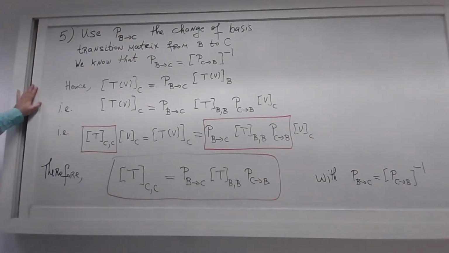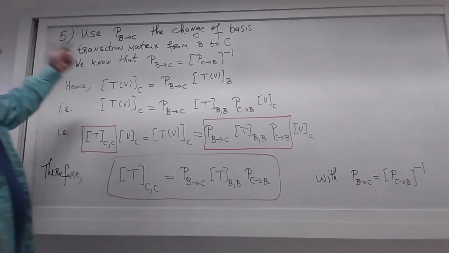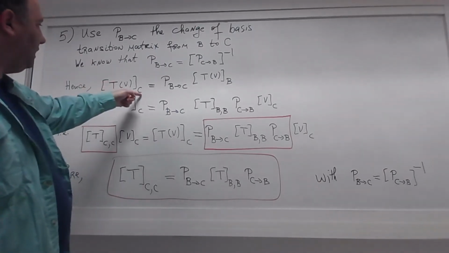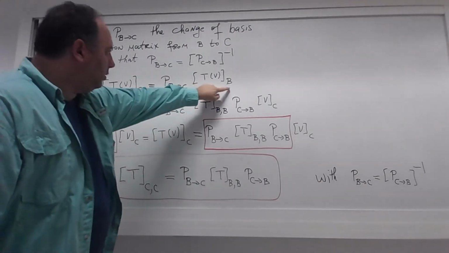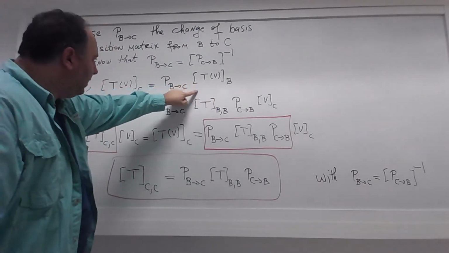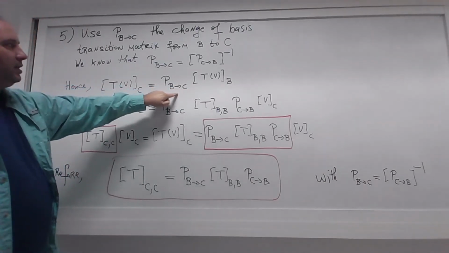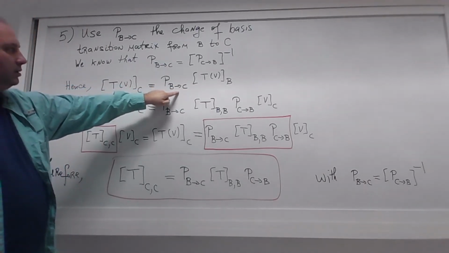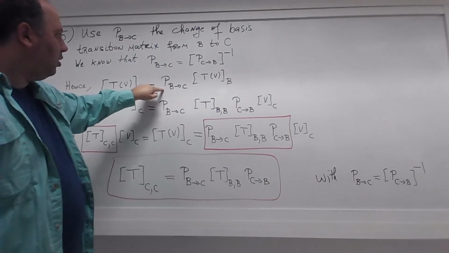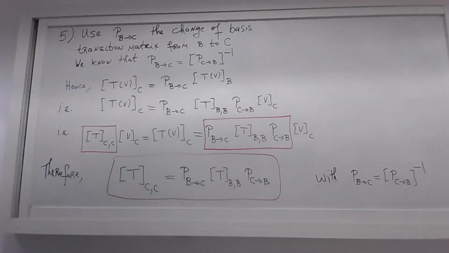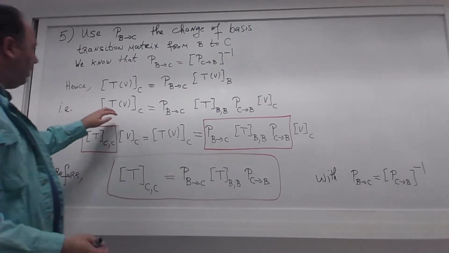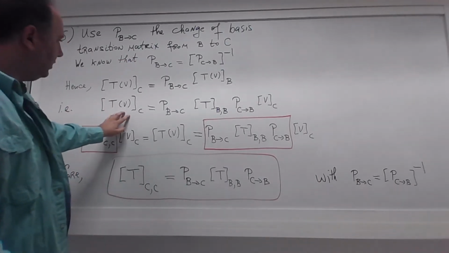So once we have that, this means that the coordinates in basis C of the result are just our coordinates in basis B times the change of basis matrix. So this will convert the coordinates from basis B into coordinates in basis C. Yes. So all I do now is just plug and play. So this guy still stays the same.